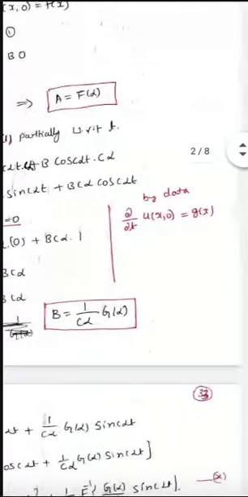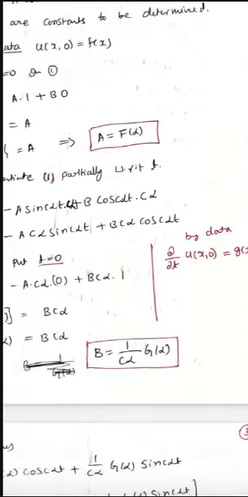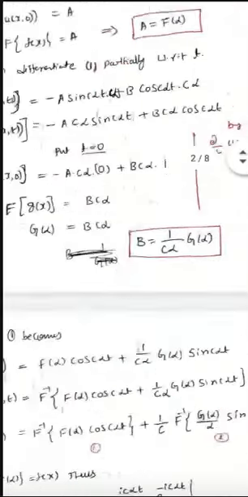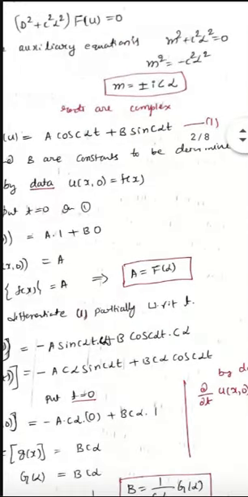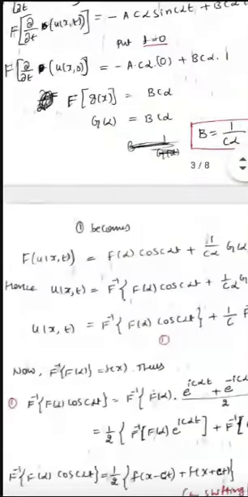So how do we get g of alpha? Because dou by dou t of u of x comma 0, g of x, he has given. So in the place of x, I substituted t. So b becomes 1 by c alpha. We got f of u of x comma t finally from equation 1. Because we got the b value, we have the a value. In equation 1, you have to substitute both the values.